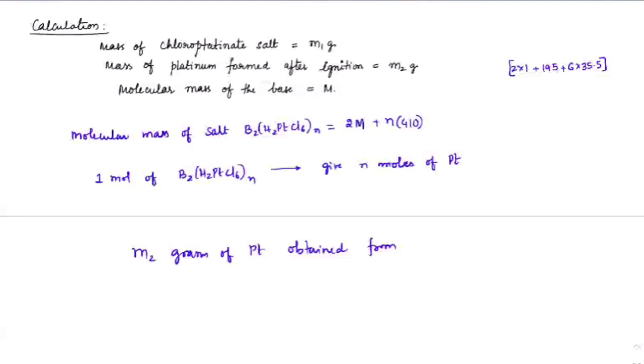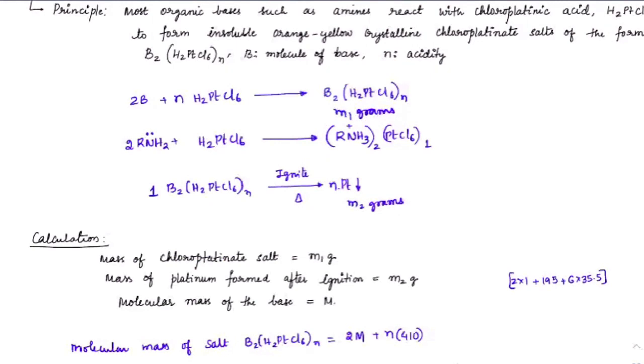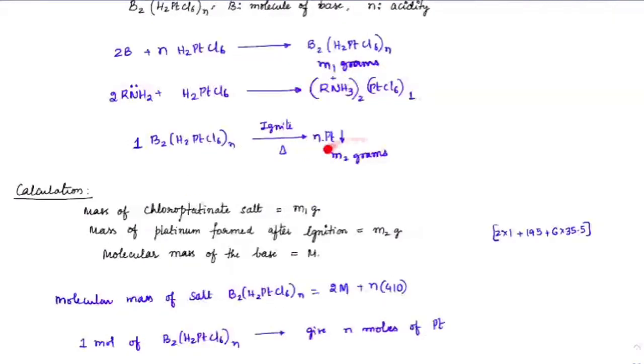So this salt, oh, I kept it here. This is the salt which I have taken, yeah, here, this salt, which is M1 grams. So the salt mass is M1 grams, platinum which I got is M2 grams. So if I relate that, M2 grams of this platinum is coming from M1 grams of this salt, right?